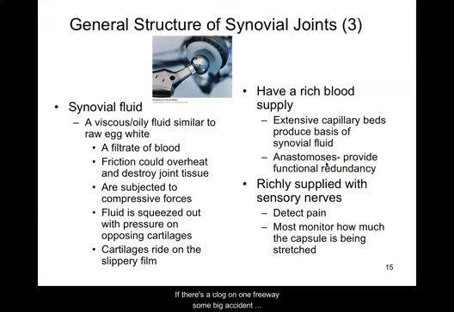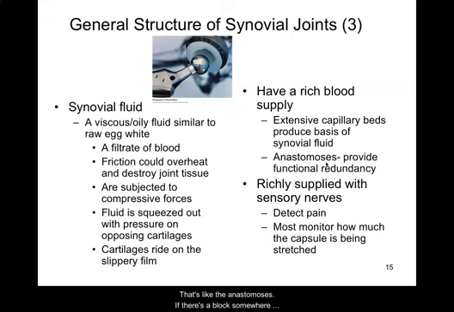If there's a clog on one freeway, some big accident, then your mapping program will tell you, get off here and take this other road and hop on this other freeway and get up there. So you could take a straight shot all the way up I-5, or you might take the 405 and cut up on the 110. There's a lot of different options to get to downtown Los Angeles from Irvine.